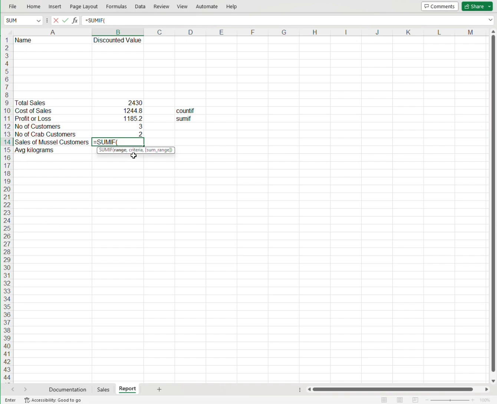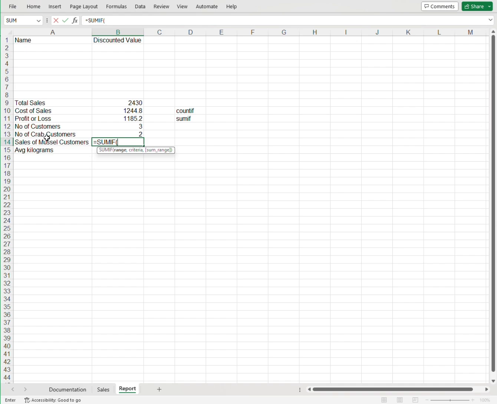So again, if you may remember, how did I calculate the number of customers here? To see the number of customers that we have for the crab, we calculated where it's greater than 0. So even here we do the same thing. We'll calculate where it's greater than 0, because now we're looking for the mussel customers.